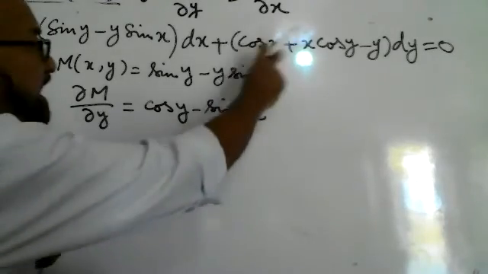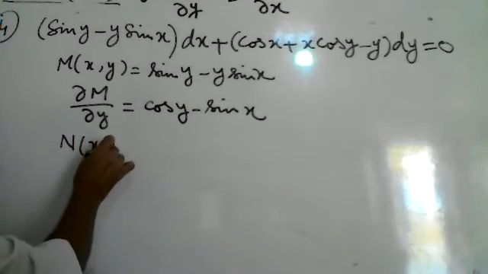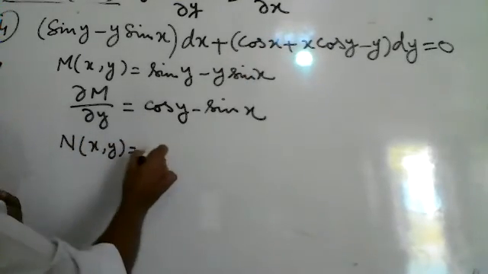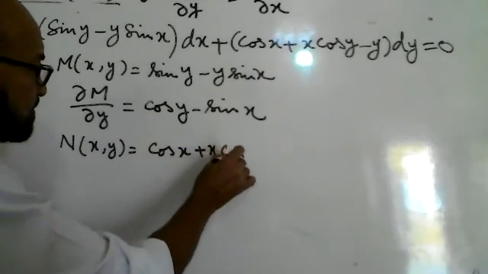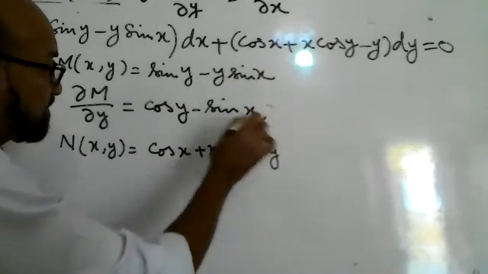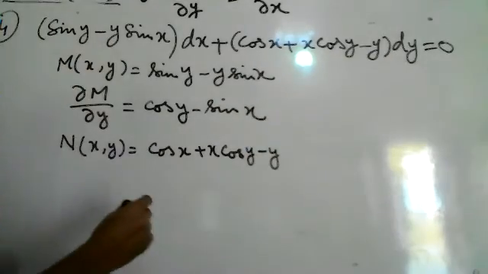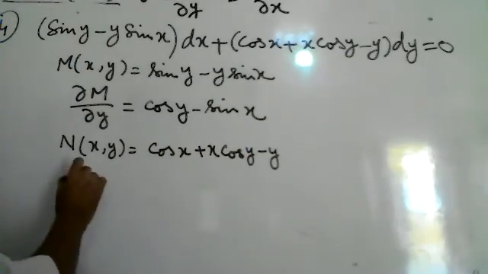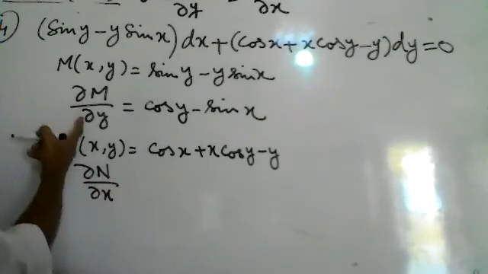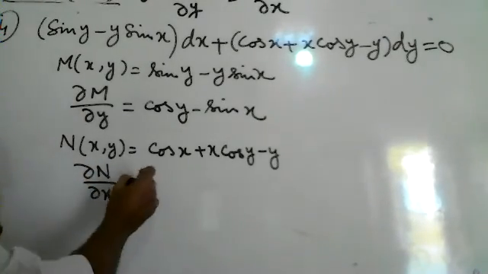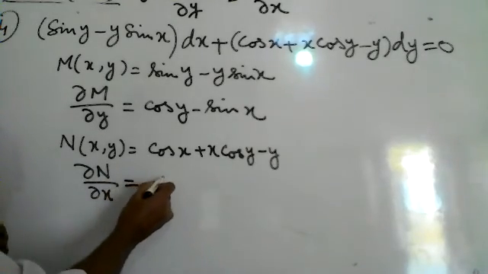Now N is cos x plus x cos y minus y, that is associated with dy. So we'll take the derivative with respect to x, partial N upon partial x. The derivative of cos x will be minus sin x.